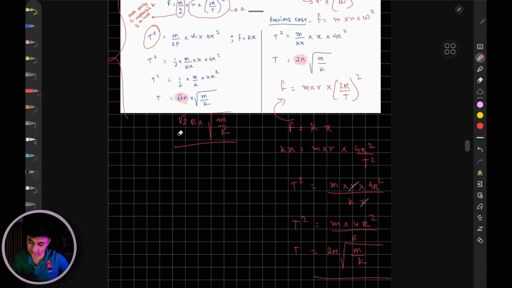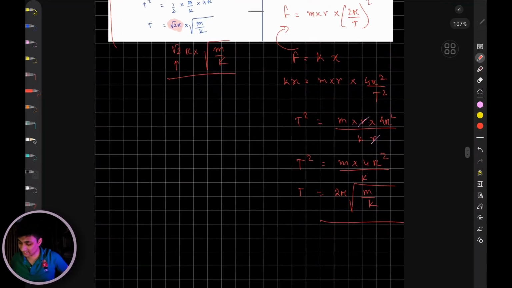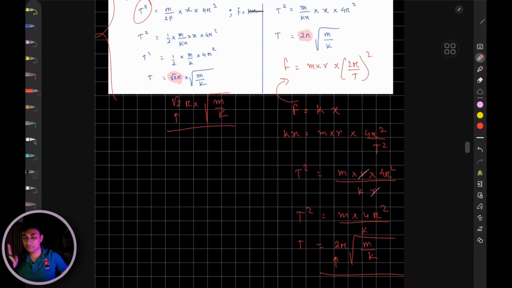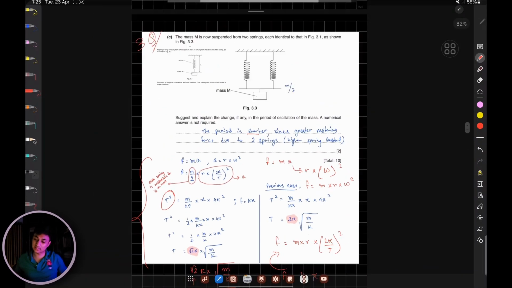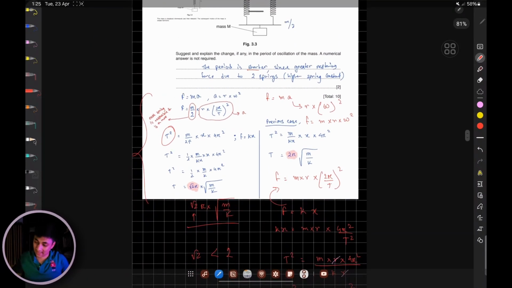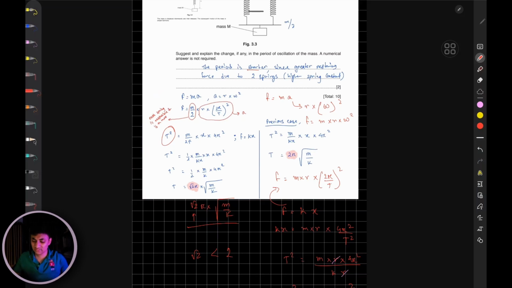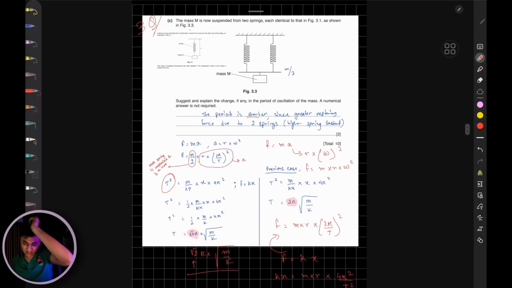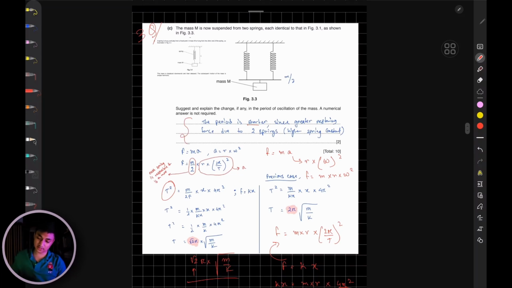Notice in the new case you have root 2, and in the previous case you had the whole number 2. What that means is your time period has decreased, because root 2 is definitely less than 2. So mathematically you can definitely prove the time period decreases when you add another spring, right? You could also simply answer with logic, right?